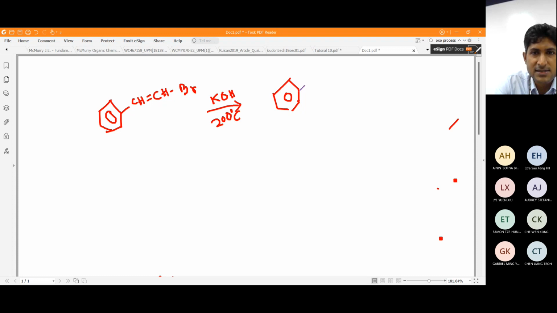So in an elimination reaction, one more unsaturation is going to occur. CH, triple bond CH, right? So this is elimination.